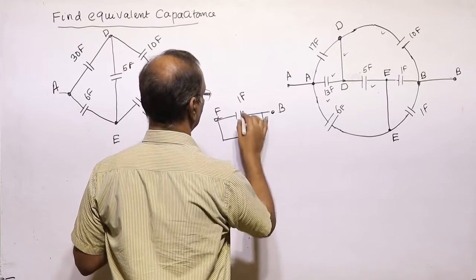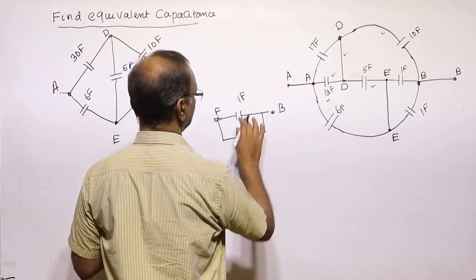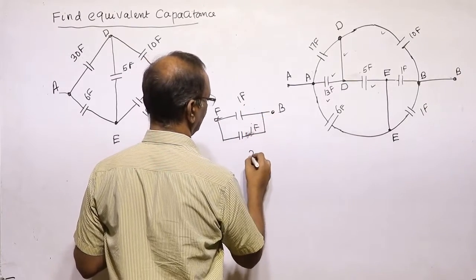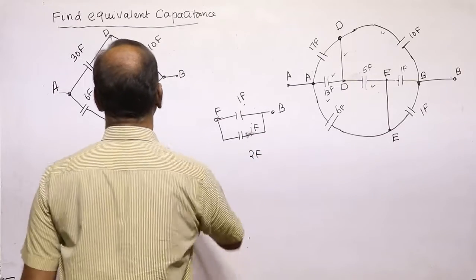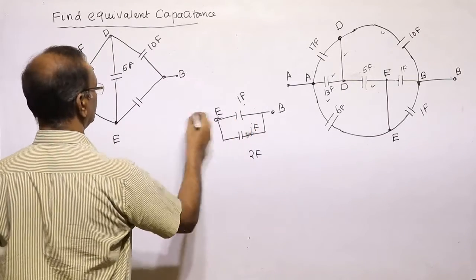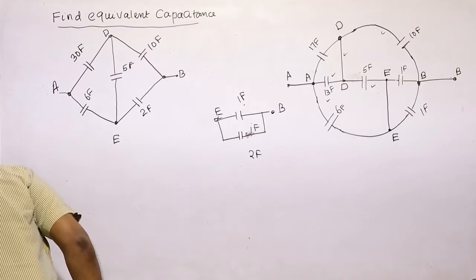So the capacitors between these two are in parallel: 1 farad plus 1 farad is equal to 2 farad. So B to E is equal to 2 farad. So we have completed the bridge.